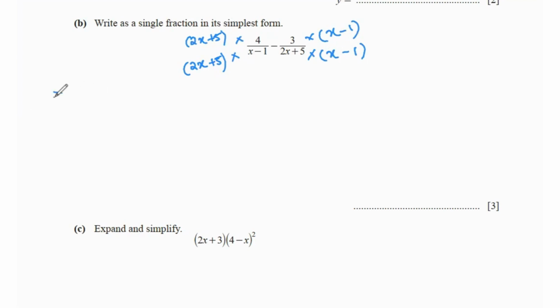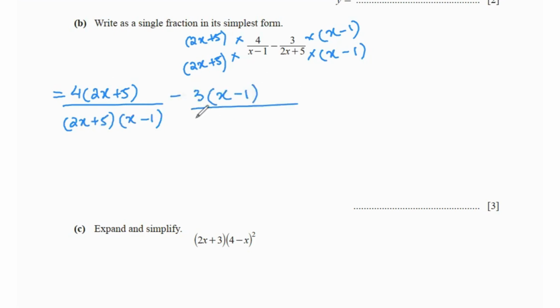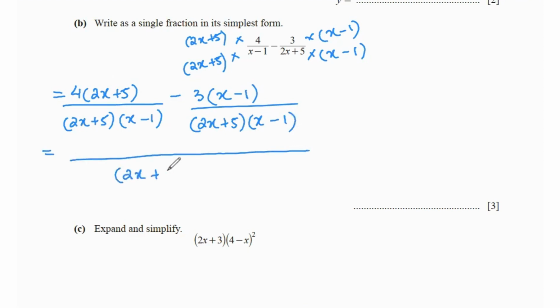So now what we have is 4 times 2x plus 5 over 2x plus 5 times x minus 1, minus 3 times x minus 1 over 2x plus 5 times x minus 1.